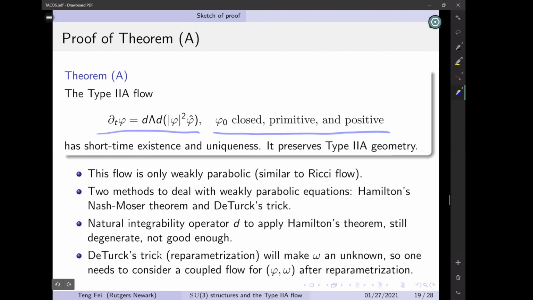So if you do this DeTurck trick using a vector field like what DeTurck did in the case of Ricci flow, this will actually make the symplectic form unknown. Originally, omega is fixed, but after reparameterization, omega is evolving by an unknown vector field, so it's becoming unknown. In this case, one needs to consider a coupled flow for the pair, the 3-form and omega, if you want to implement the DeTurck trick.